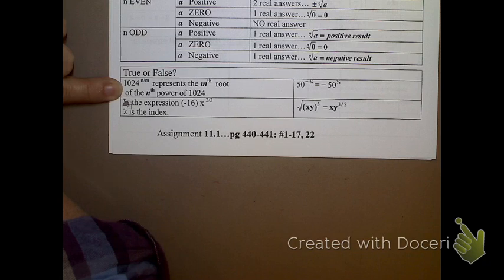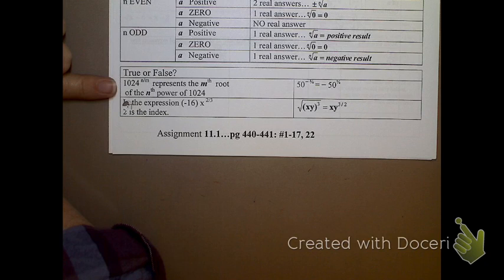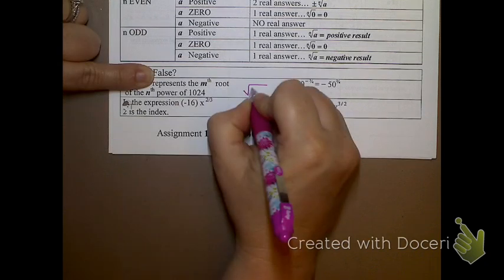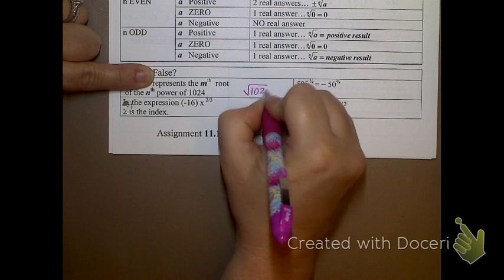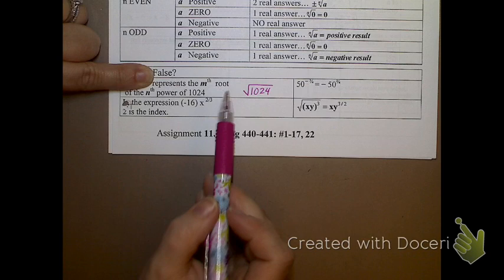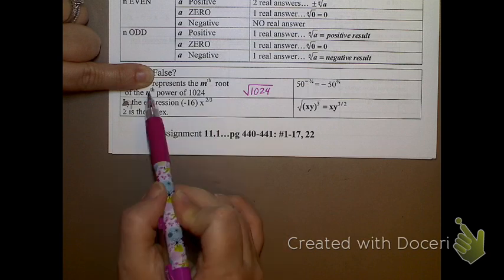Holy moly. Okay, I'm going to ignore this part right now, and let's try and translate this into something we can read. Okay? Clearly 1024 is the number that would be under the radical. Which part, do you think it's the mth or the nth, is representing the index?